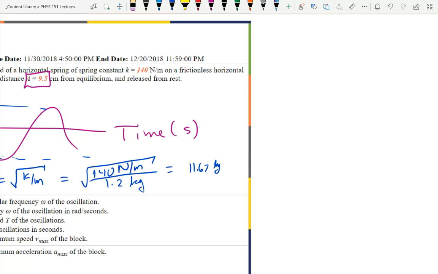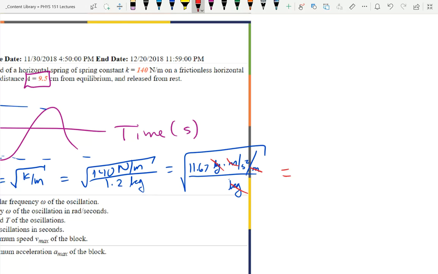Okay, a newton is a kilogram times meter per second squared. Notice, oops, that was kilograms on bottom. This was per meter there. The newtons per meter makes those meters cancel. The kilograms on bottom cancel with the kilograms on top.